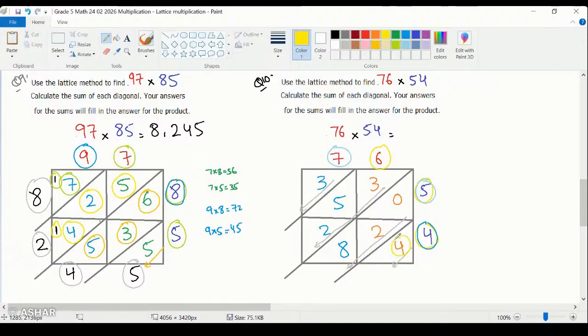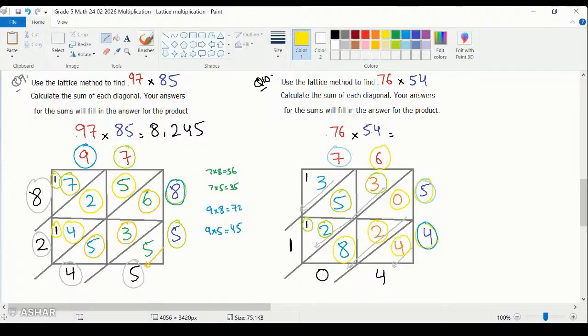This only had 4, so we write down the 4. The next diagonal has 0 plus 2 is 2, 2 plus 8 is 10. We keep the units and we carry the tens to the next value. 3 plus 5 is 8, 8 plus 2 is 10, plus 1 is 11. So we write down the 1 and we carry the 1 to the next value.